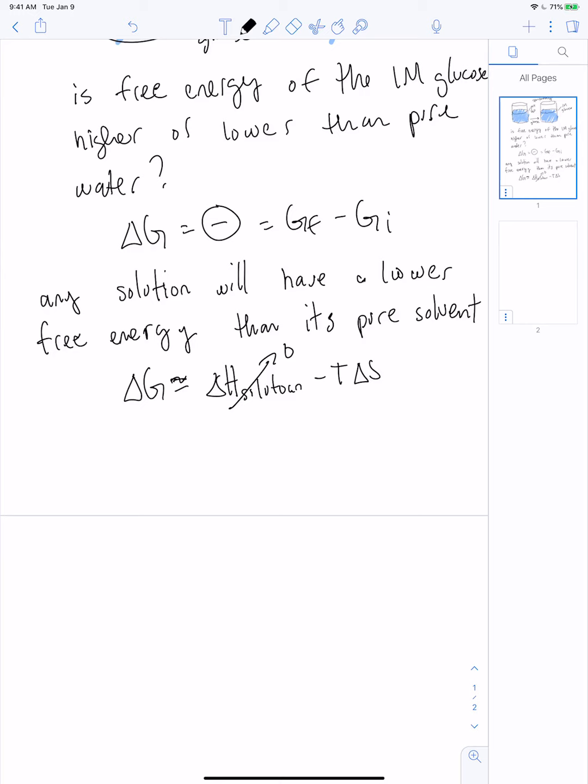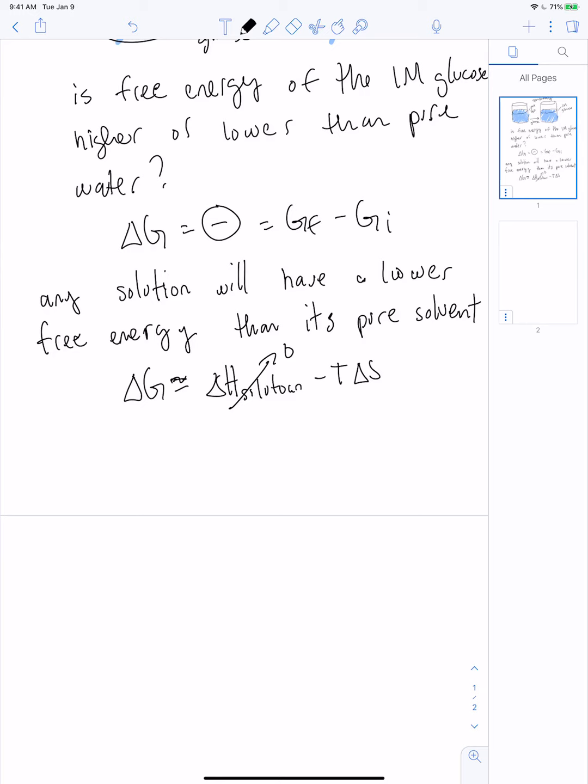And then that helps us tie in what's going on with all of the boiling points and things of that nature. So if delta G, let's see, how can we get there?